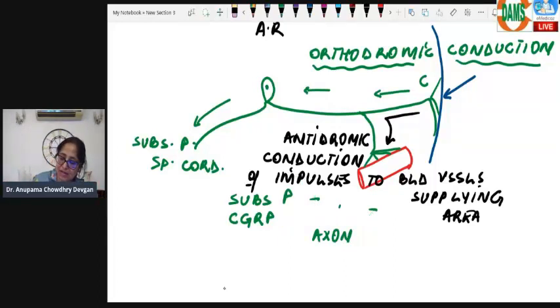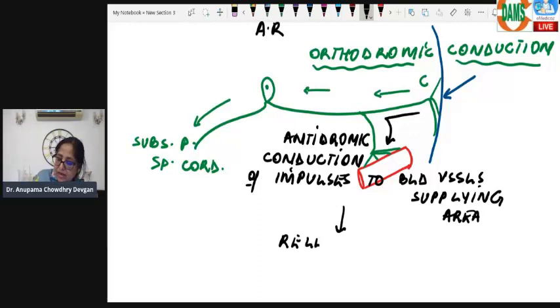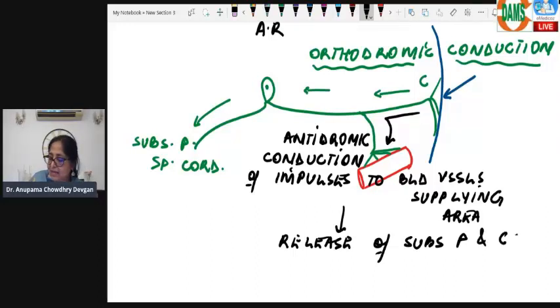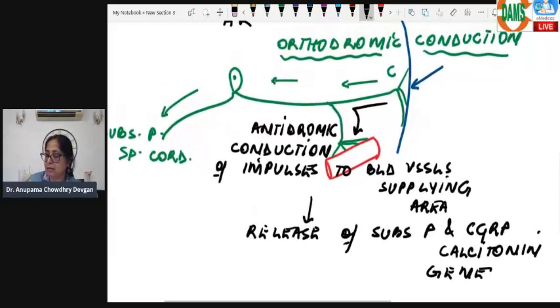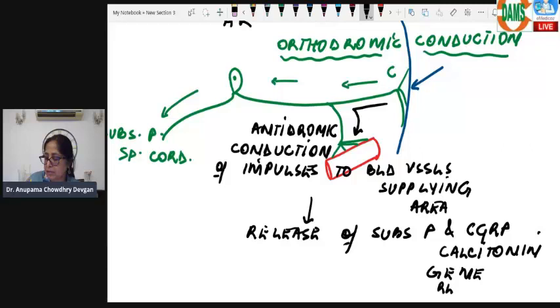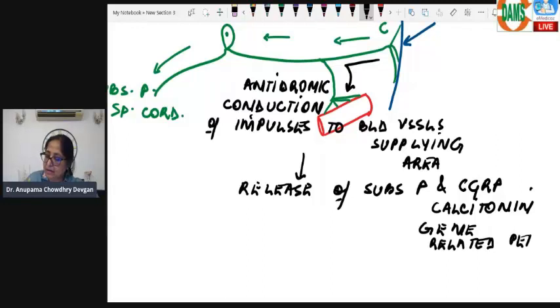So to the blood vessels supplying the area, there is going to be release of substance P and CGRP, calcitonin gene-related peptide, which in turn causes a spreading redness.